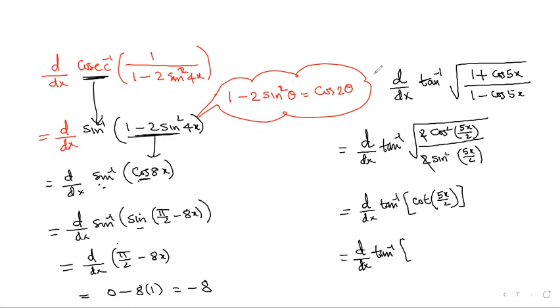Okay, so let's look at this. It became tan inverse tan of pi by 2 minus 5x by 2. Now tan inverse tan cancelled, leaving pi by 2 minus 5x by 2. Yes, Kashish.